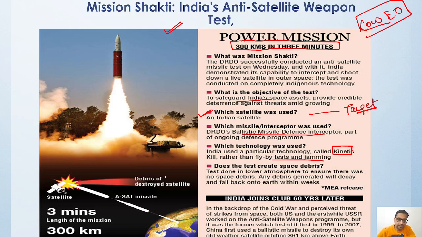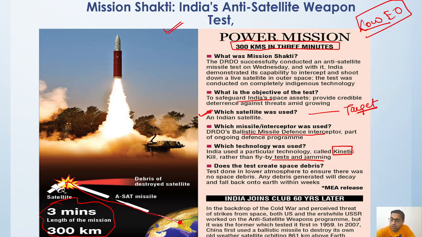Here you can see we have launched a missile from here, the ASAT missile, and it targeted the satellite in 3 minutes, 300 kilometers in 3 minutes. That means it traveled 100 kilometers per minute and hit the satellite, and now India has joined a club 60 years later.